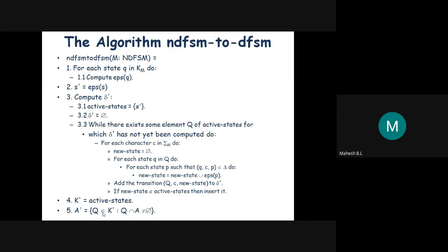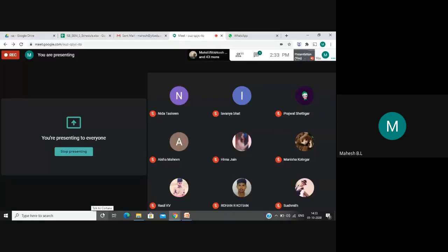All those states which contain an accepting state of NDFSM are accepting states of DFSM. I hope you understood this algorithm. Problems are important, but you need to know the algorithm, because if they ask for the algorithm in the exam, you must be in a position to write it. But once you know the problem, you can easily understand the algorithm. I hope all of you understood this algorithm.